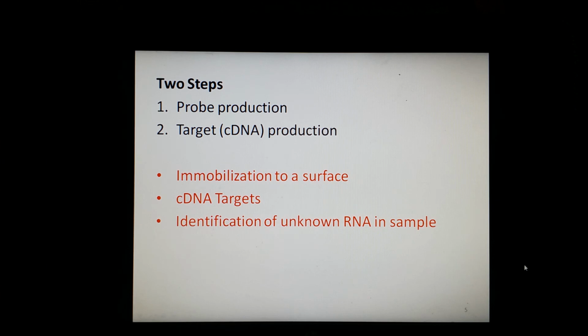In this process, specific sequences are immobilized to the surface and reacted with the labeled complementary DNA targets. A signal resulting from hybridization of the labeled target with the specific immobilized probe identifies which RNAs are present in the unknown target sample. So this is how microarray analysis is carried out.